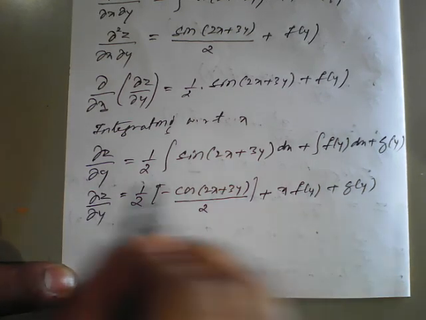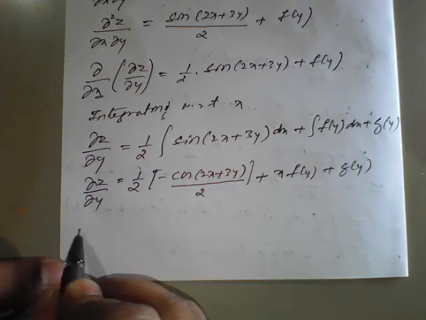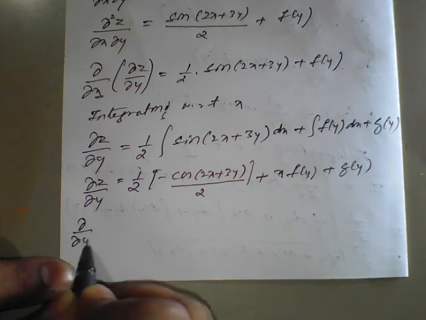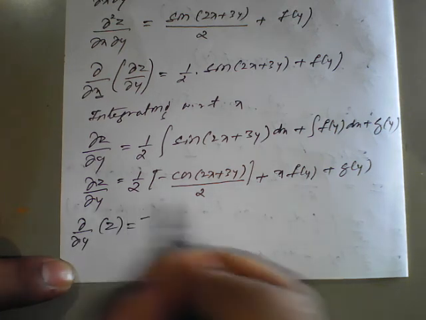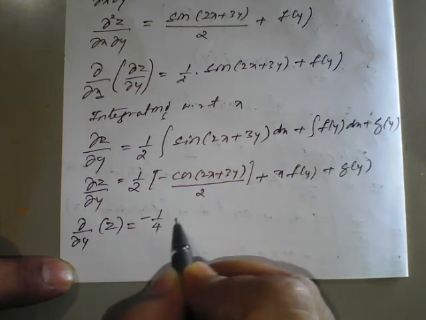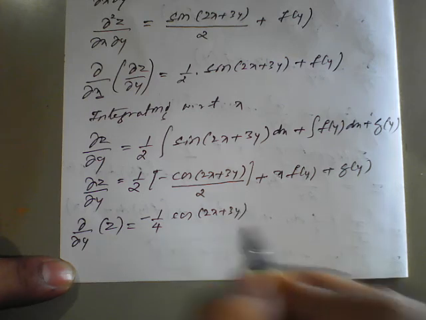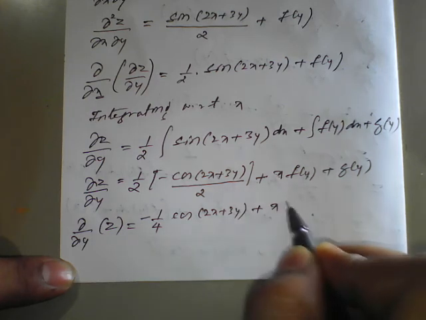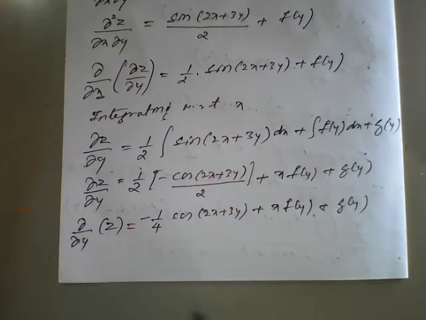Now we have to integrate this again with respect to y. I'll rewrite it as ∂z/∂y equal to minus 1/2 into 1/2, which is 1/4, cos(2x + 3y) plus x times f(y) plus g(y).